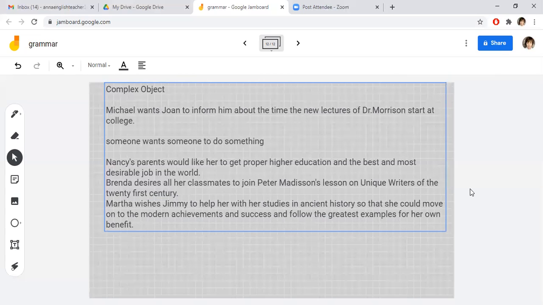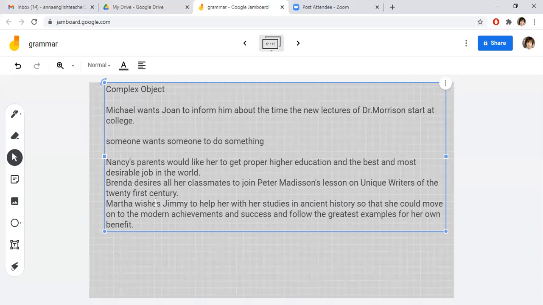Again, what do we see here? We see Martha wishes Jimmy to help her. Michael wants John to inform him about lectures. Nancy's parents would like her to get education and job. Brenda desires all her classmates to join the lesson.